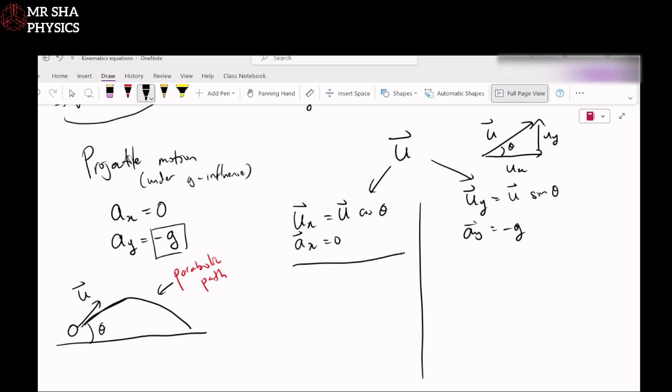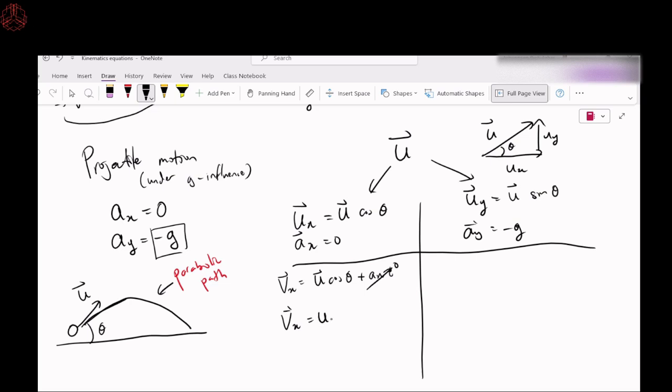If I apply my velocity equation, vx is equal to u cos theta plus ax t, and this goes to 0. So vx is equal to ux, which is u cos theta.